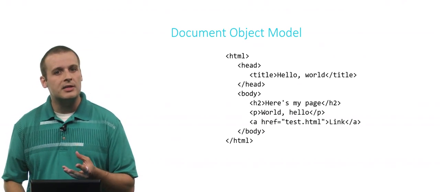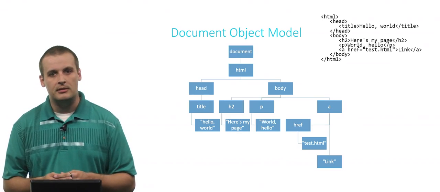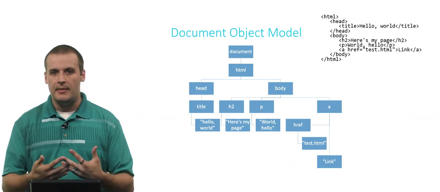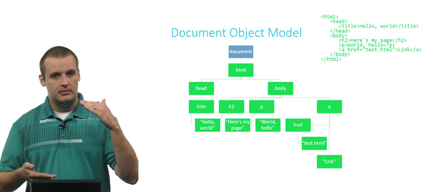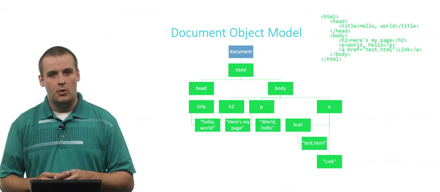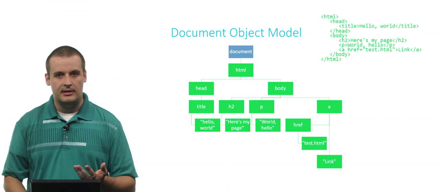So for example, here is what a tree structure of that simple web page we just looked at might be. We have a document, and inside of that we have HTML, represented by the HTML tag, and everything inside of it is nested below it, as you can see. Within our HTML, there are two main things at the next level down: the head and the body.